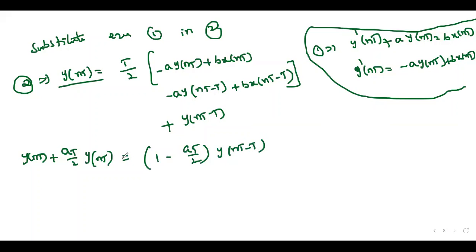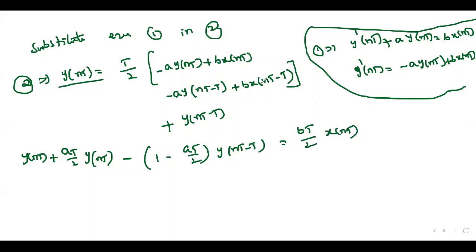Okay. And if you want to make all these y's to this side, then make this also to the left side. Anyhow, we want again y of z by x of z. So let us make all y terms also to the left side. Then it is equal to all x terms, right side you keep it. The first term is x of nt, only one term is there, with the coefficient bt by 2, x of nt.